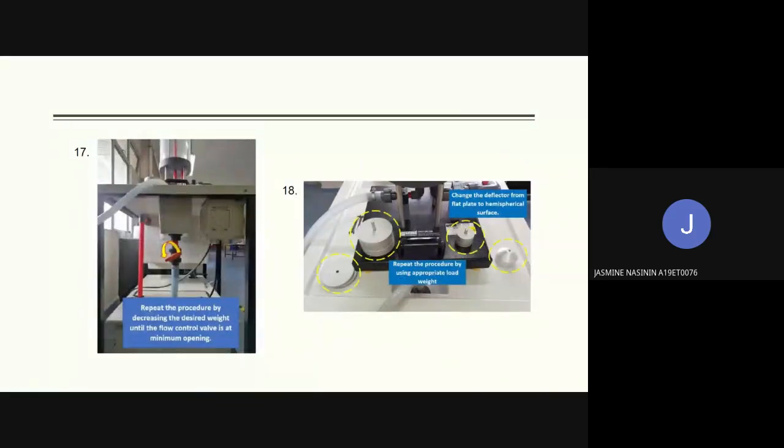For the 17th step, we repeat the procedure by decreasing the desired weight until the flow control valve is at minimum opening. Lastly, we need to change the deflector from flat plate to hemispherical surface and repeat the procedure using appropriate load weight.